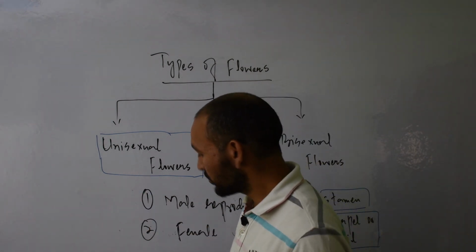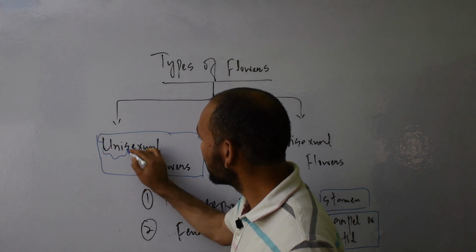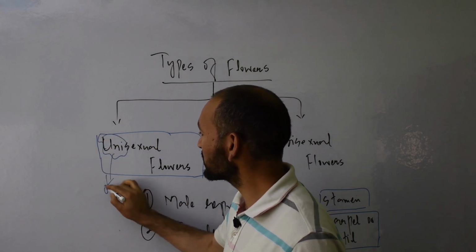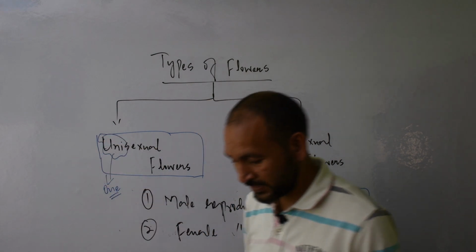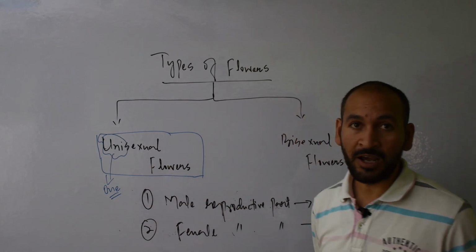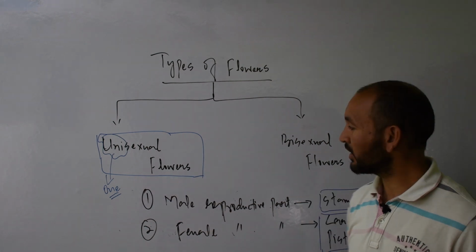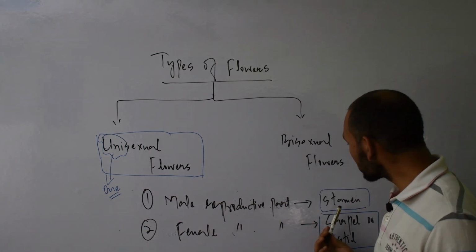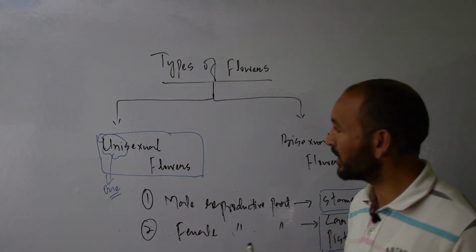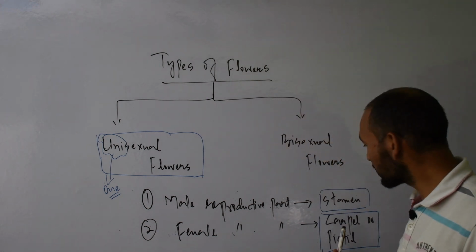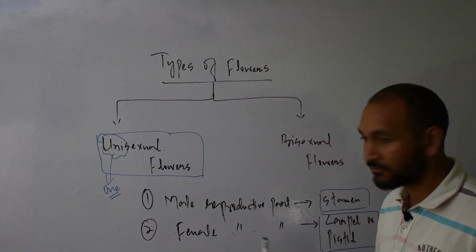Okay, you can reflect on the name uni. Uni means one. Okay, so unisexual flowers have just one reproductive part. Okay, so if it has stamen, you can call it male flower. If it has carpel or pistil, you can call it female flower.